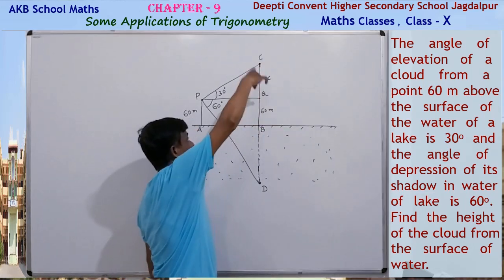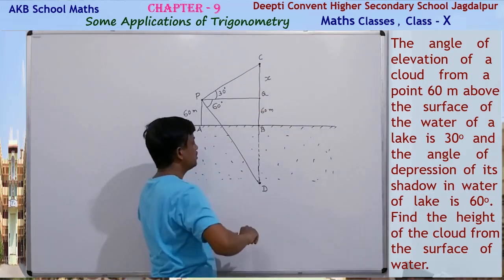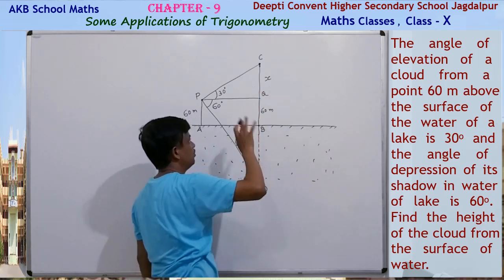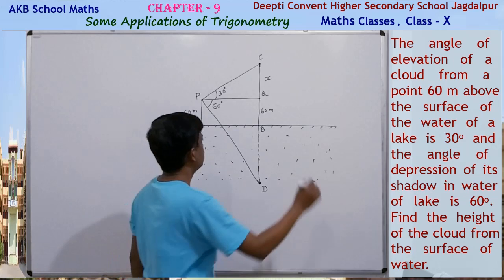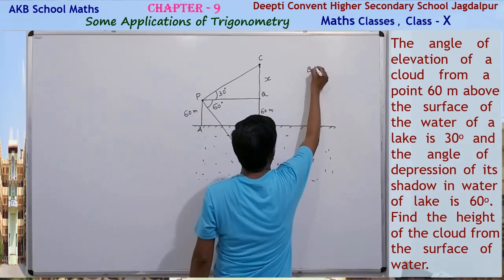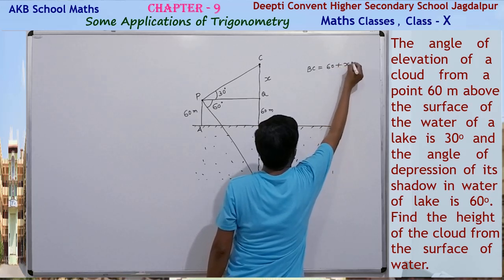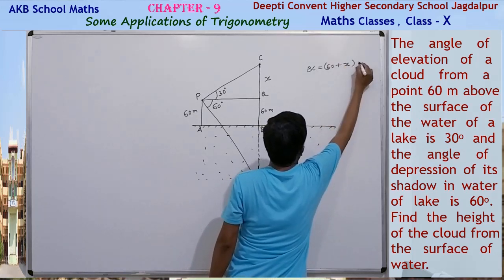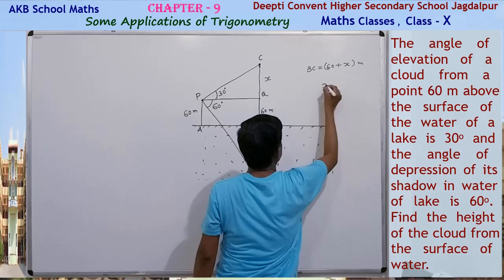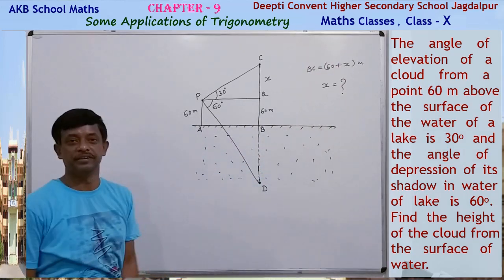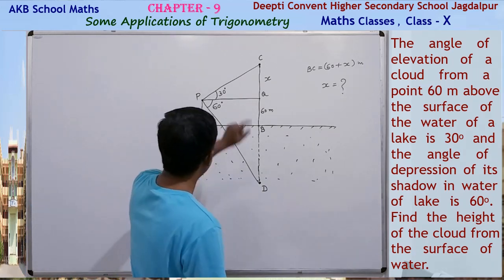This is the height of the cloud from water level, that is the surface of water of the lake. We have to find BC. BC equals 60 plus x meter. So x we have to find. Clear?